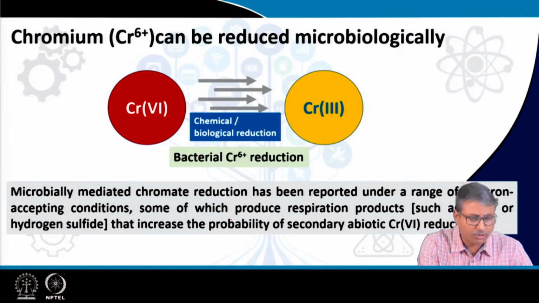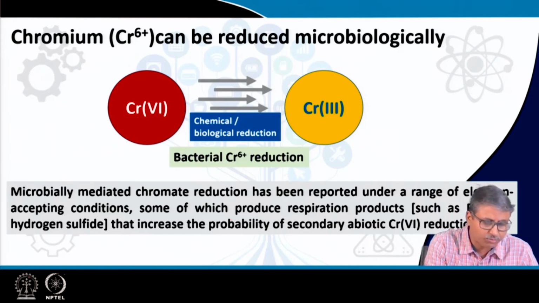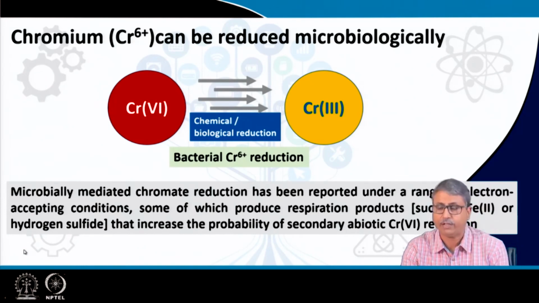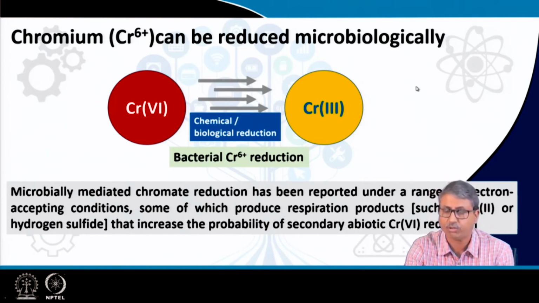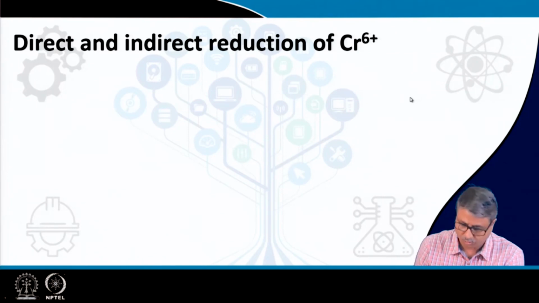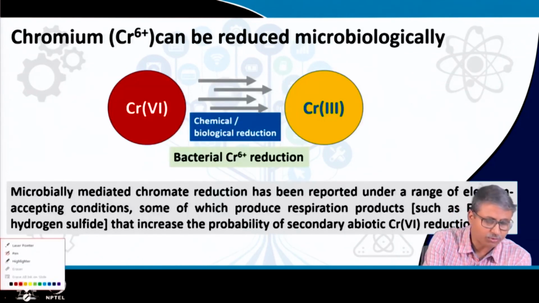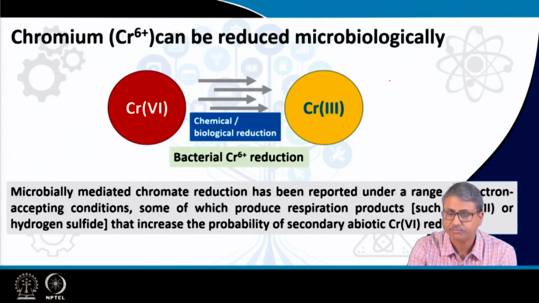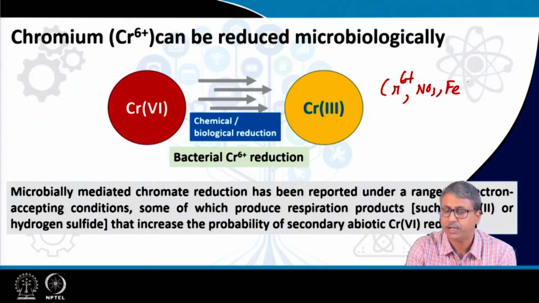We have already seen that there are microbes capable of reducing chromium. Now, under the aquifer environment, chromium is not alone. Along with chromium there are nitrate, particularly iron and sulphate.